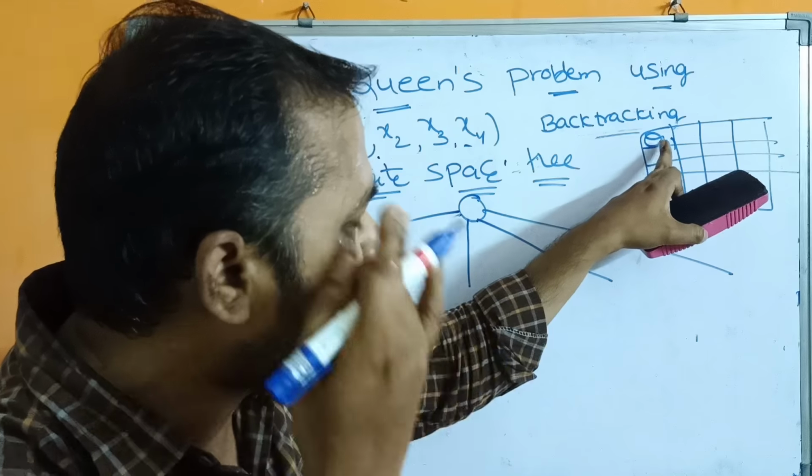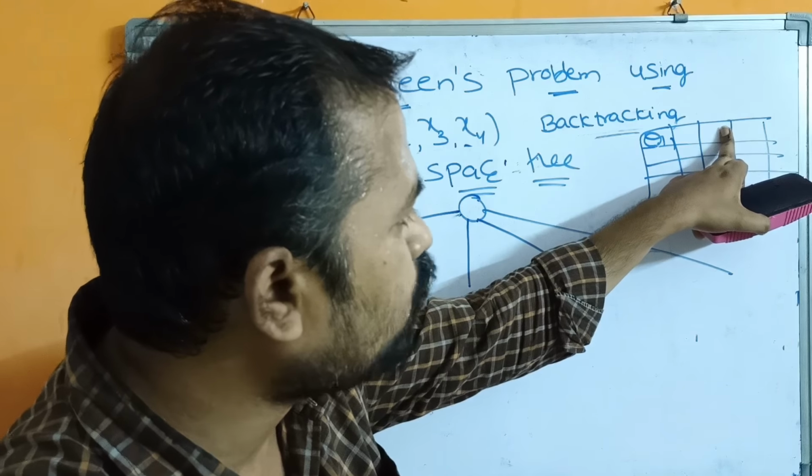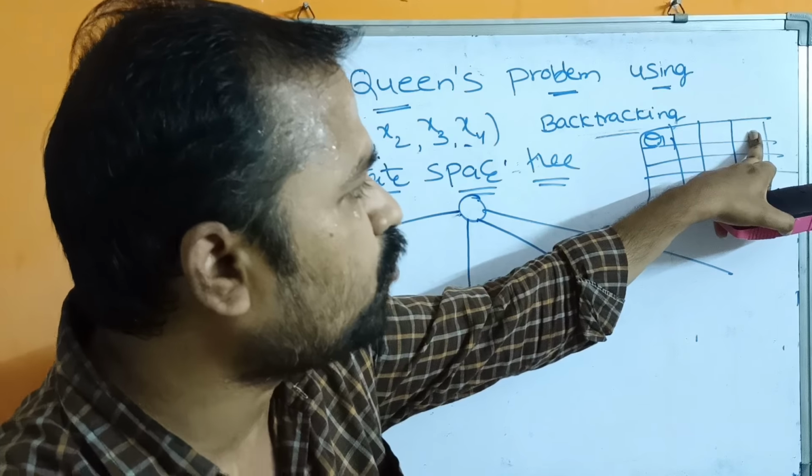We can place x1 in first row first column, or first row second column, or first row third cell, or first row fourth cell.